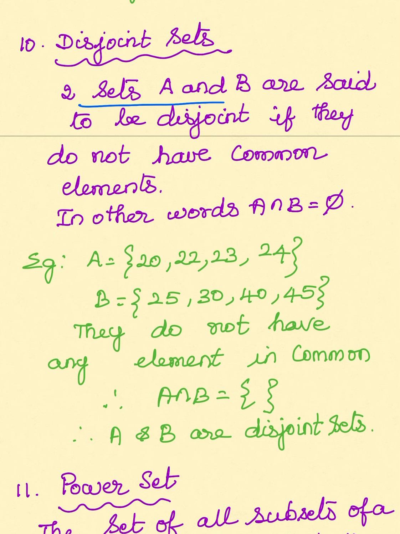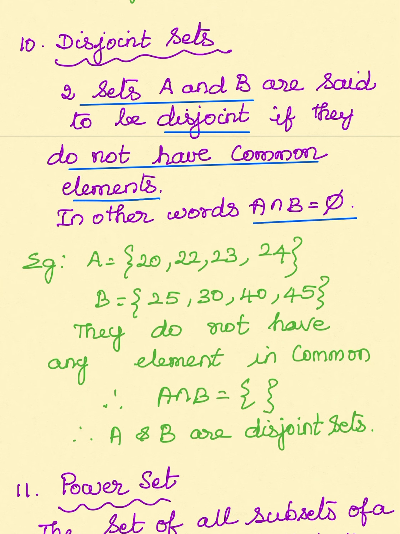Now we go to disjoint sets. Two sets A and B are said to be disjoint if they do not have common elements. No element must be in common. No common elements means A intersection B is empty. So now let us take A equal to 20, 22, 23 and 24 and B equal to 25, 30, 40 and 45.